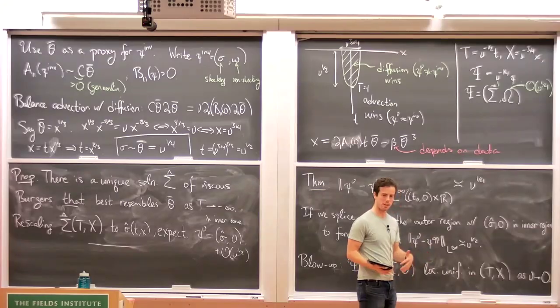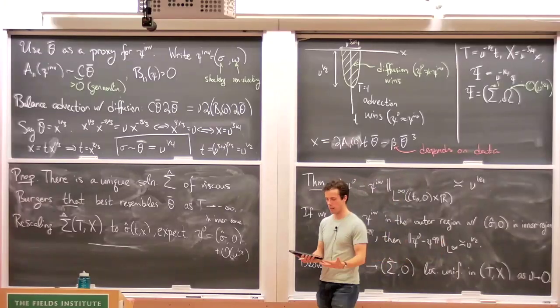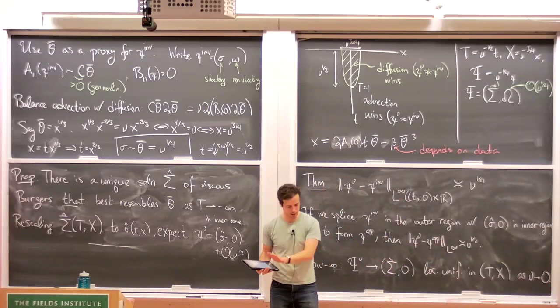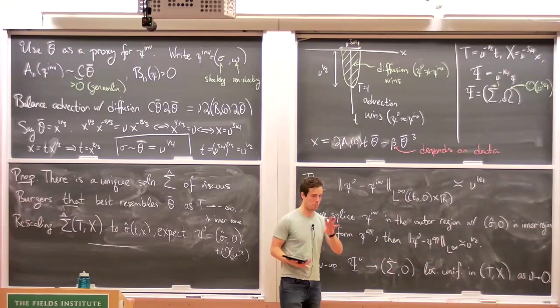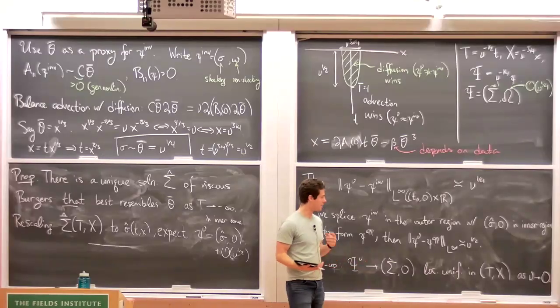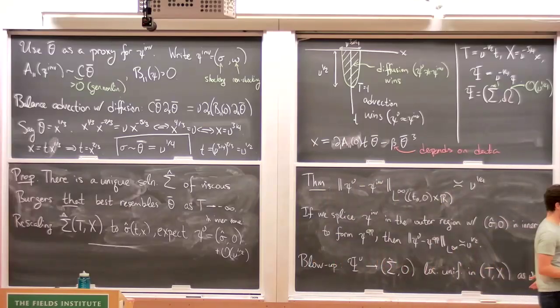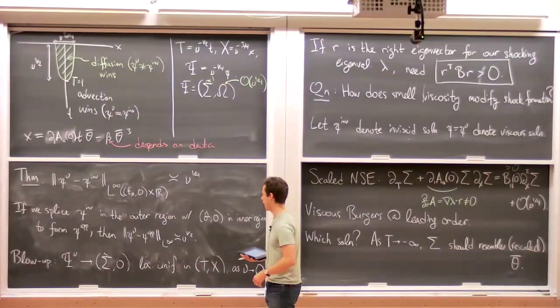The basic point is that, at least in any analysis that we could cook up, we end up losing factors of nu when we carry out this analysis. For one thing, we're splicing a hyperbolic problem in the exterior of a region with a parabolic problem near the origin. And going from one to the other, there's a little bit of friction there. When we try to nail everything down using Sobolev estimates and things like that, we end up losing inverse factors of nu, which is bad.